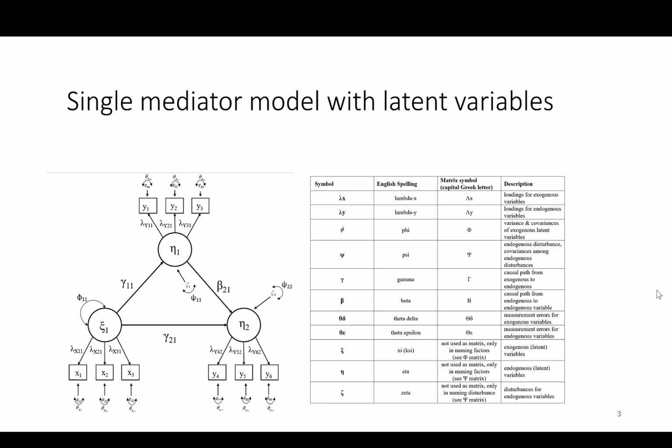The indirect effect is still computed as the product of the effect of the exogenous variable on the mediator and the path representing the effect of the mediator on the outcome, controlling for the independent variable. So our indirect effect in this model is equal to gamma 1,1 times beta 2,1.